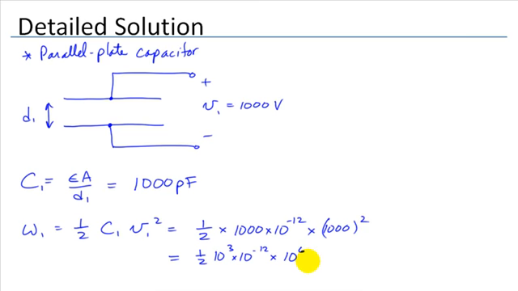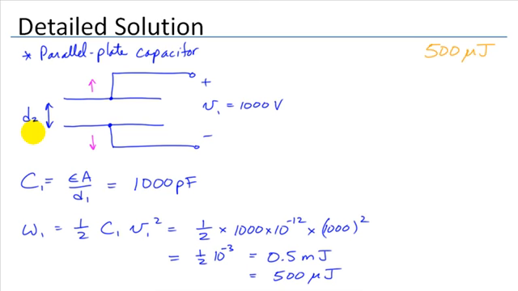That resolves to 10 to the 6th. Those combine to give us 9. Subtract 12, and that leaves us with 10 to the minus 3. Or we could write 0.5 millijoules, and we can also write that as 500 microjoules. Same thing. That was the first result we were looking for, the initial stored energy, 500 microjoules.